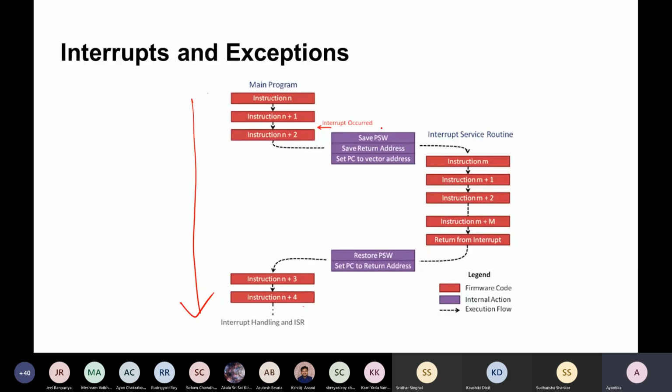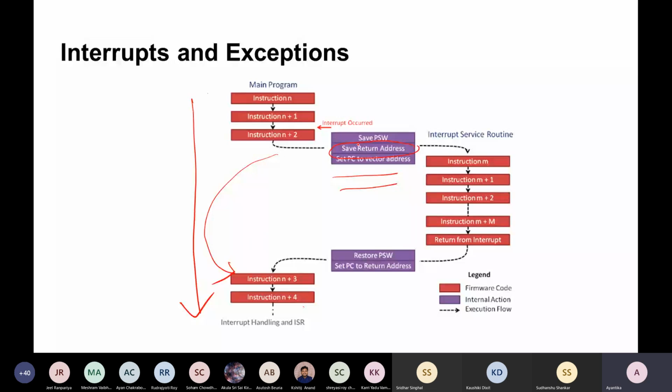This is the step you will do: you will save the program status word, then save the return address. Return address means you have to save the address so that after the interrupt handling is complete, you can come back and continue with the next instruction. That's why it is important to save the return address.